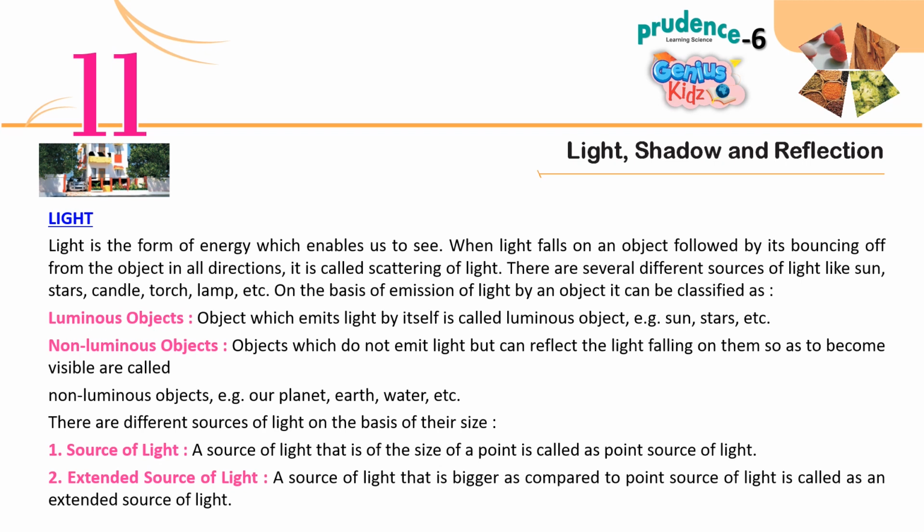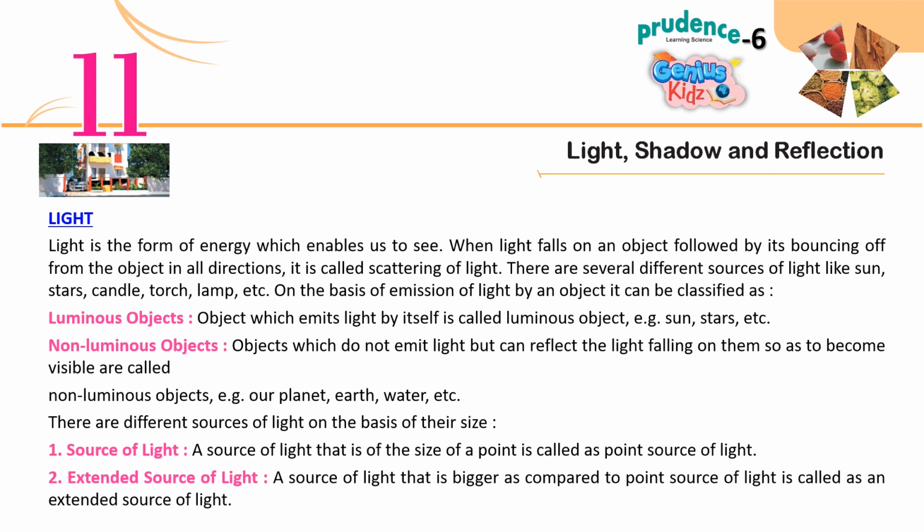Object which emits light by itself is called luminous object, for example sun, stars, etc. Non-luminous objects. Objects which do not emit light but can reflect the light falling on them so as to become visible are called non-luminous objects, for example our planet, earth, water, etc.